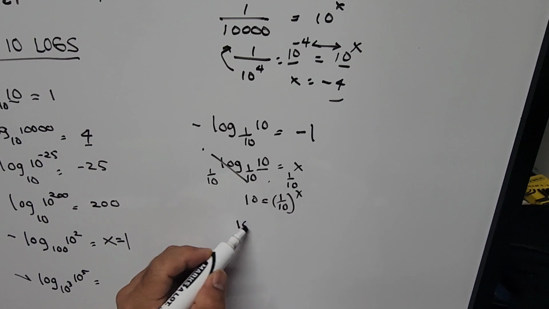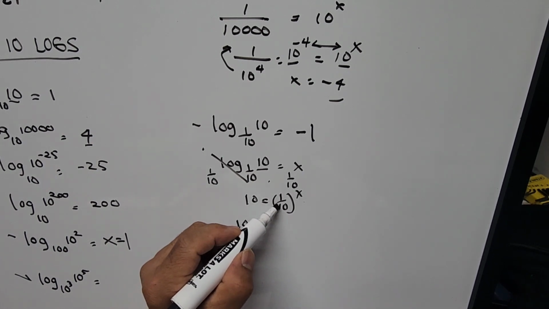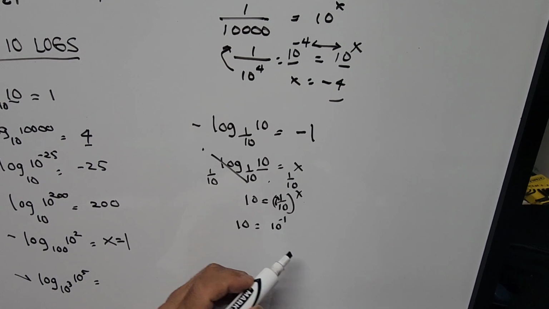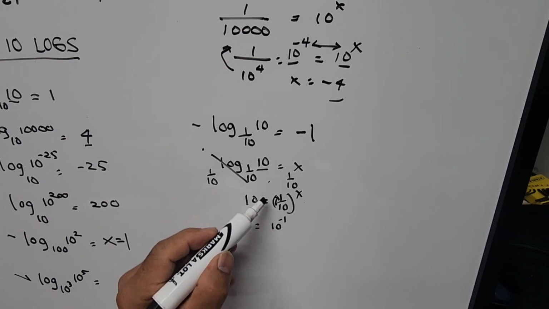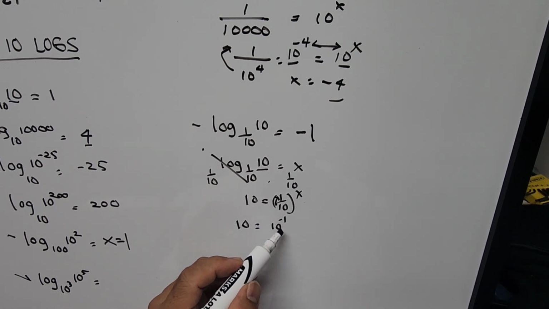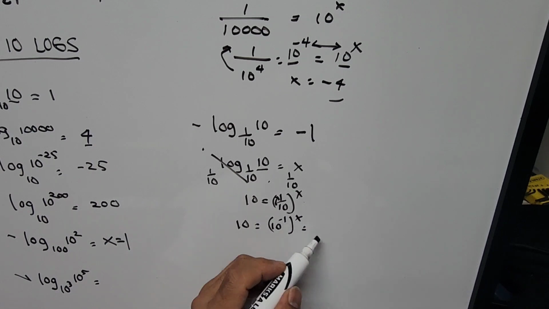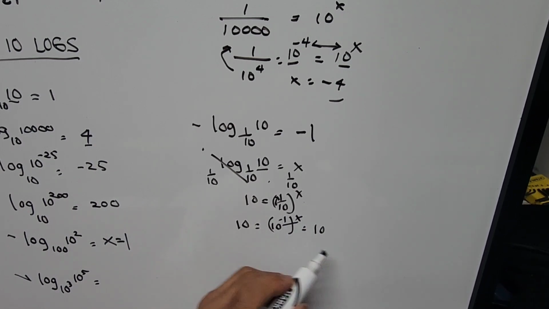Here 10 is equal to, we're putting 10 to the top, so that is 10 to the negative 1, right? From the denominator putting it to the numerator, the exponent will switch to negative from positive, right? So power of x. So this is 10 multiplying the exponent, negative 1 times x, or negative x.